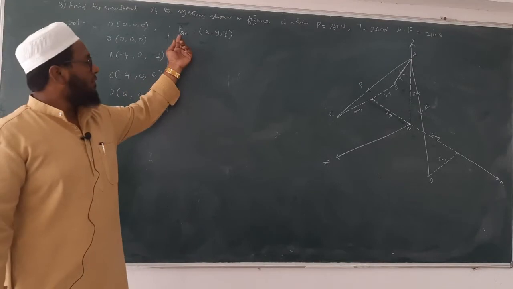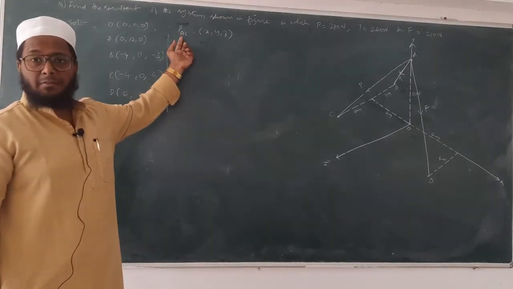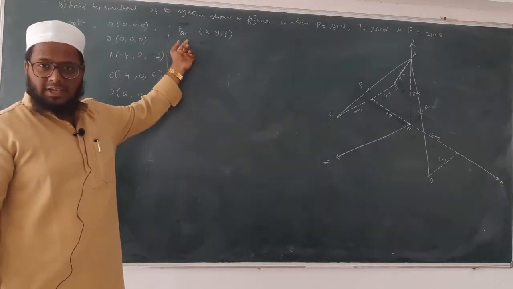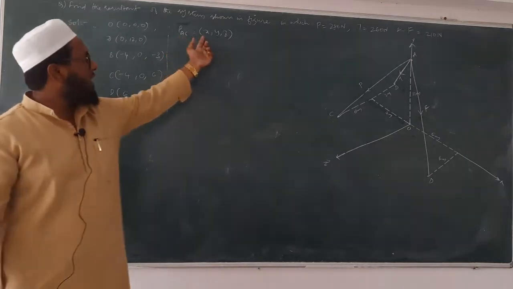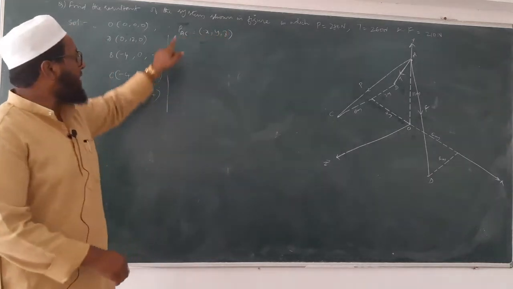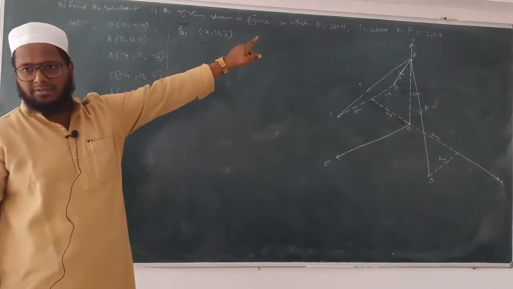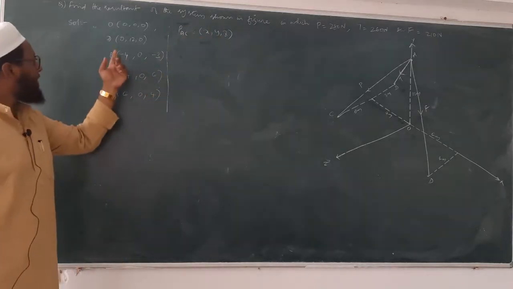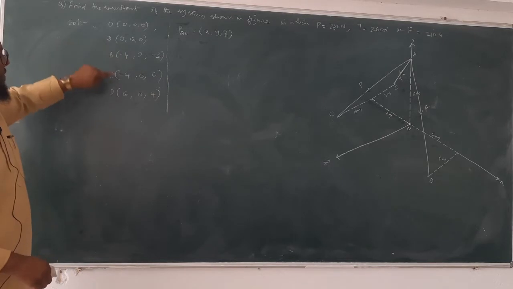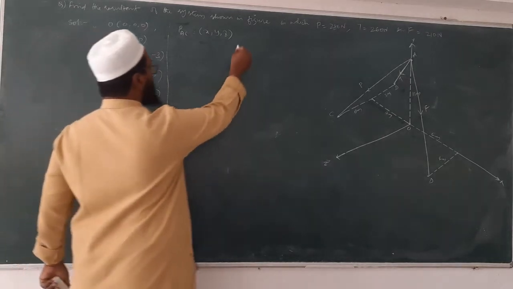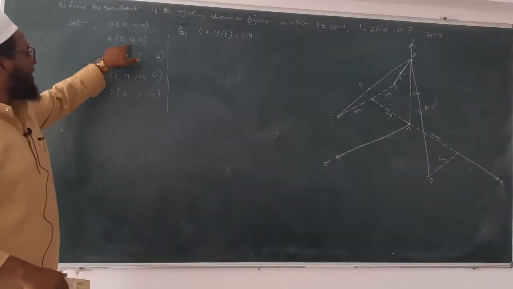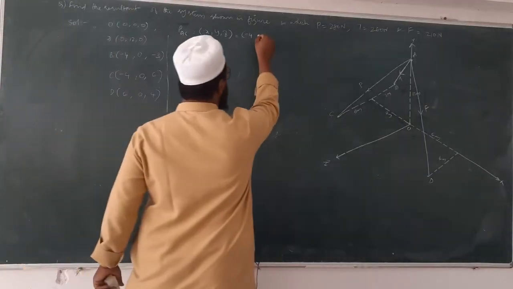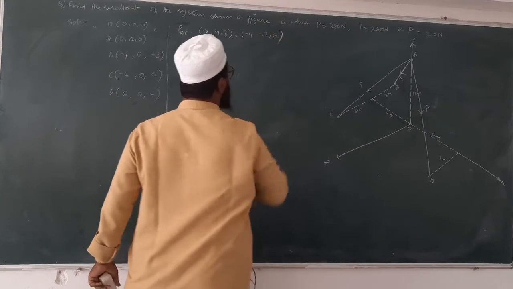Force is passing from point A to C, so C minus A, right? So we have to calculate x, y, z. What is P? P is given to us, that is 280 newtons. So first A to C means minus 4, minus 12 and 6.